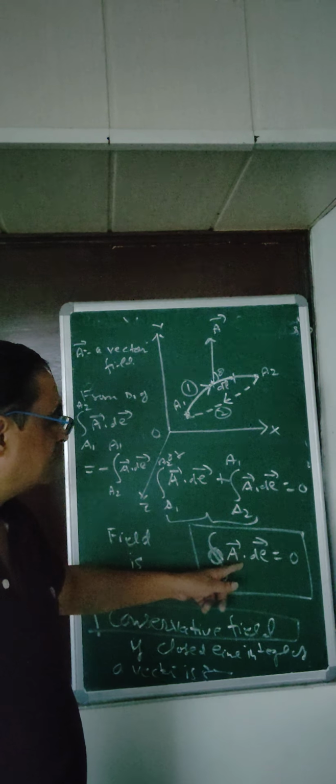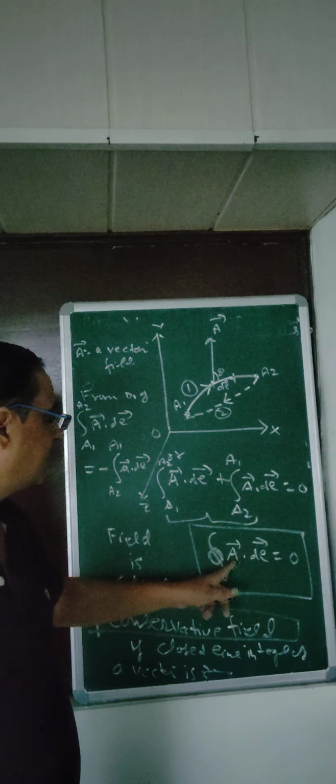There are various names. You should know that once this equation is satisfied, it means that A is a conservative field. This is an important statement, number 1. And number 2, one more name is given.